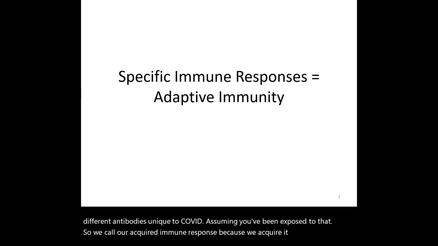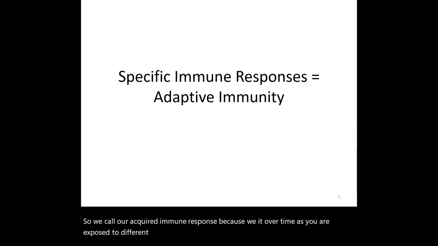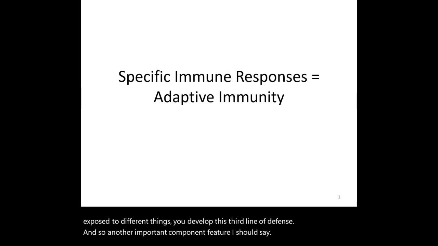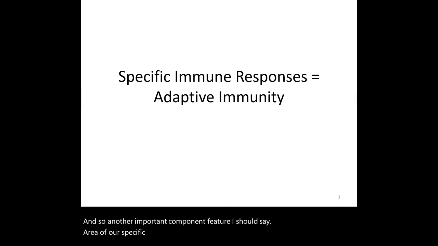As you are exposed to different things, you develop this third line of defense. And so another important feature of our specific immune response is that it has a memory, which our innate immunity does not.